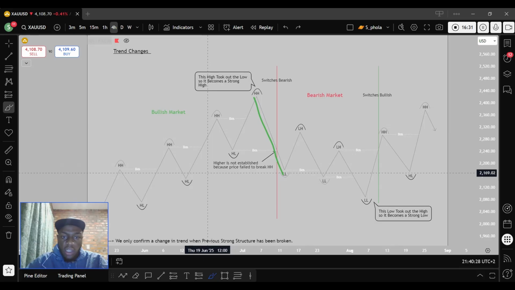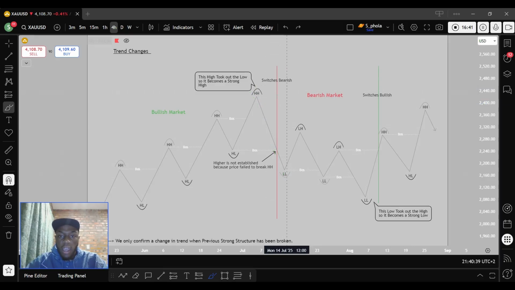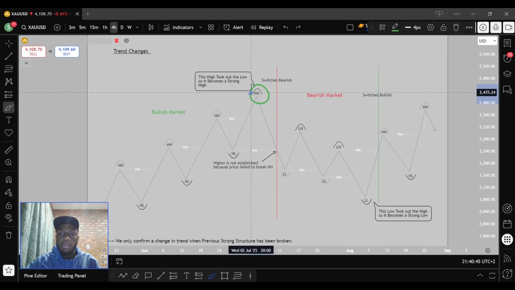As I wrote here, that higher low is not established because price failed to break this high, the higher high, you understand? Which creates the higher high being the strong high, you understand?